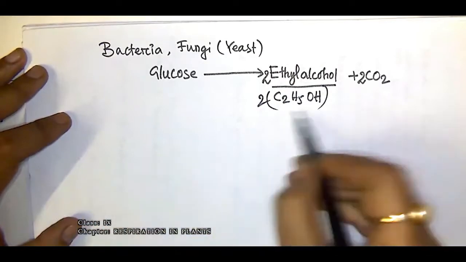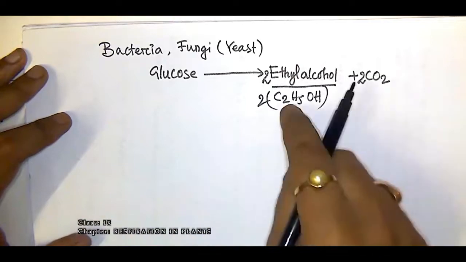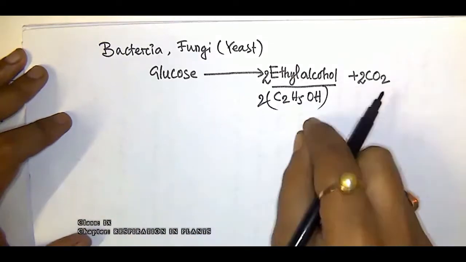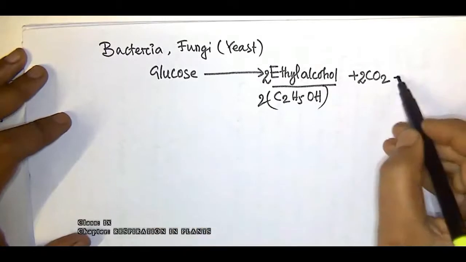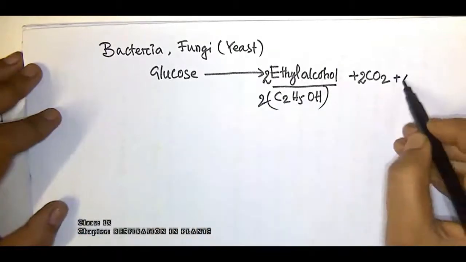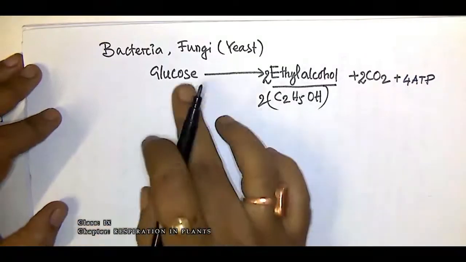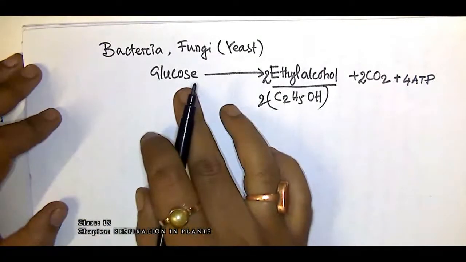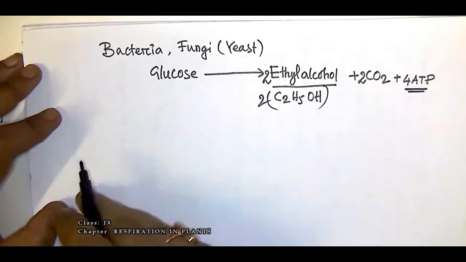So what you can see, 2 molecules of 2-carbon-containing alcohol have been produced, which is called ethyl alcohol. And at the end of the process, you get 4 molecules of ATP. Do you remember how many ATP we got from a single molecule of glucose in aerobic respiration? Approximately 36 molecules of ATP. And how many are we getting here? Just 4.